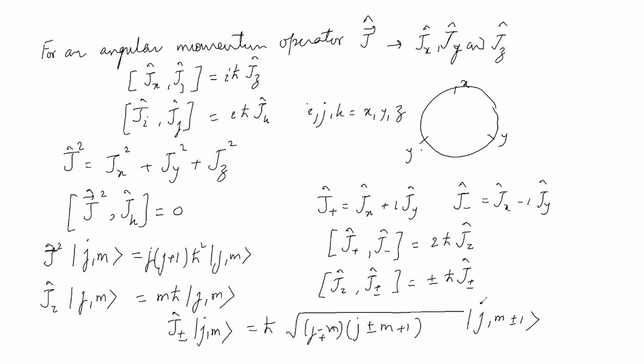Now today I'm going to take two angular momenta. These two angular momenta can be a spin angular momentum and an orbital angular momentum, or two total angular momenta, or two spin angular momenta, but we will keep a general structure and write J1 and J2 instead of L, S or S1, S2.